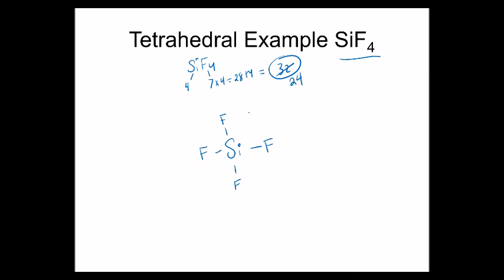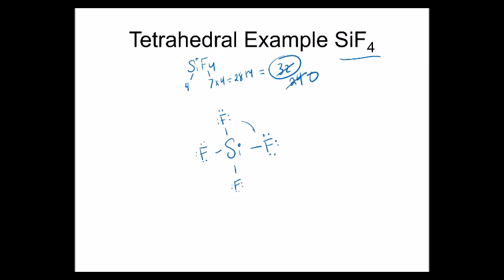Makes sense because each fluorine needs how many electrons? 6. So we add 6 to each, and there's 4 of them, so that's going to be a total of 24. So we're going to end up using up all of our electrons, and everybody's going to have an octet here. So this one's not too bad, pretty easy to draw. All right, so down to 0.